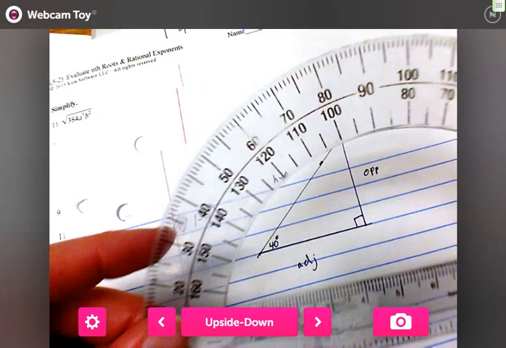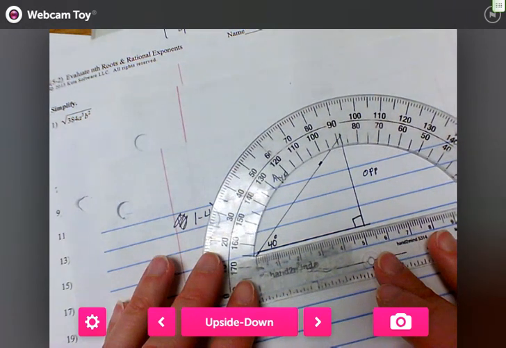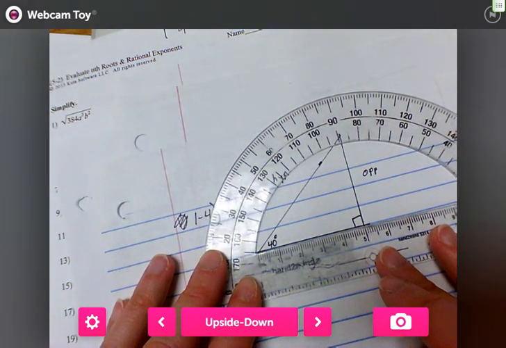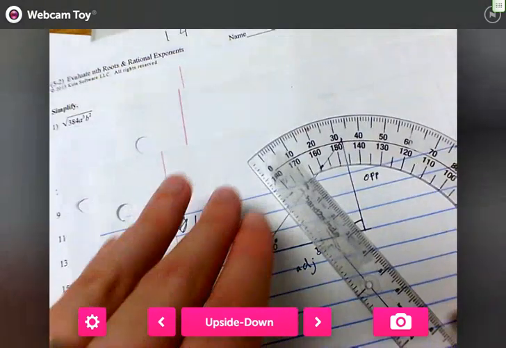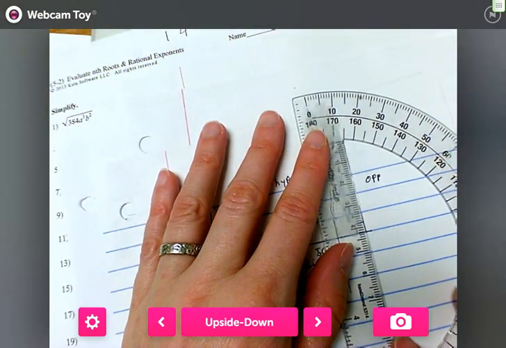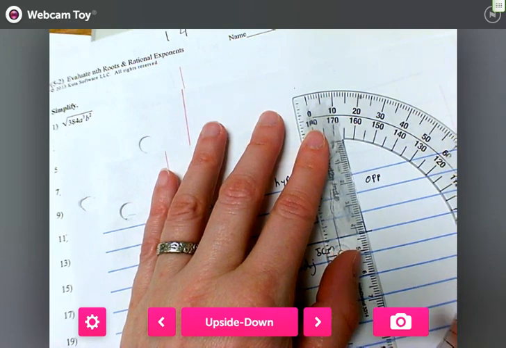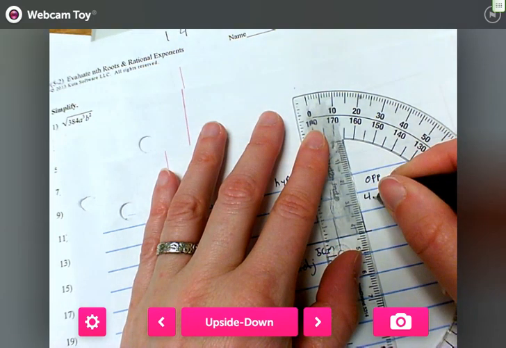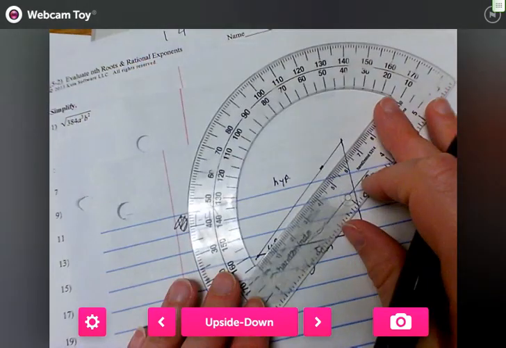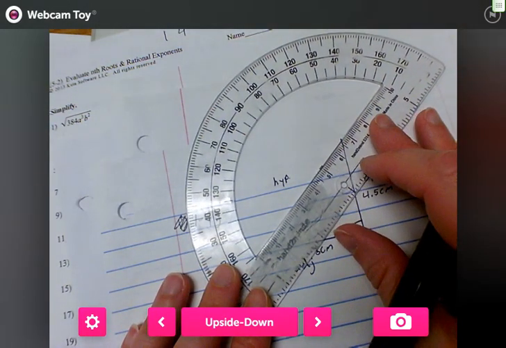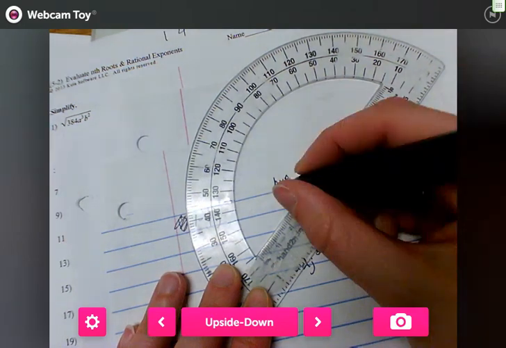This right here is in centimeters. So my length from point to point is 5 centimeters. This right here is 4.5 centimeters. And this is 6.5 centimeters.